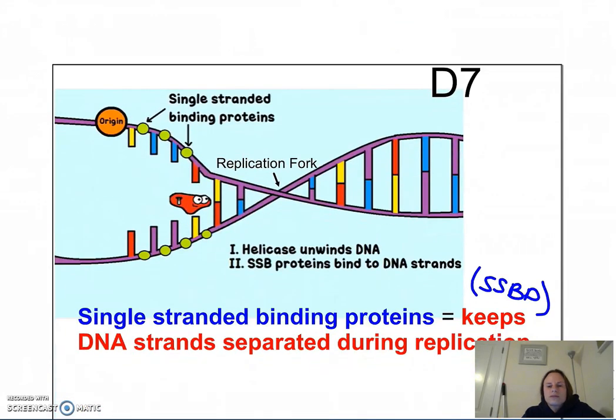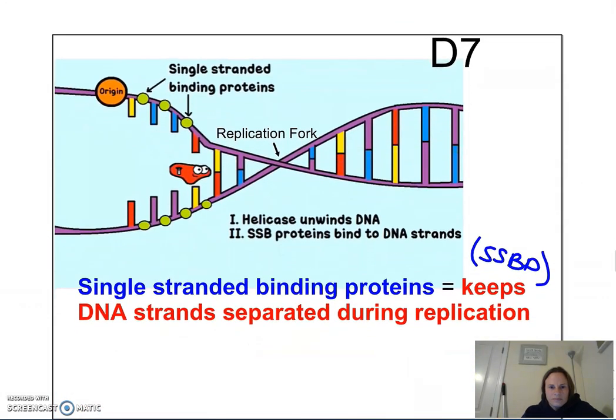So let's go through some basic steps. First of all, you've got helicase. Helicase is going to unwind the DNA, and then these single-stranded binding proteins, sometimes called SSBP, or sometimes just SSBs, are what enable the DNA strand to stay separated.